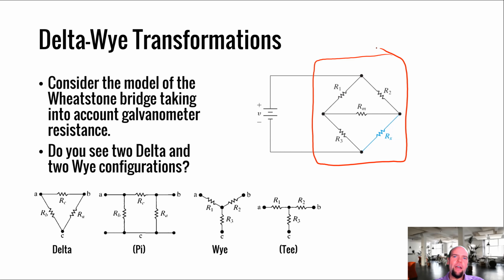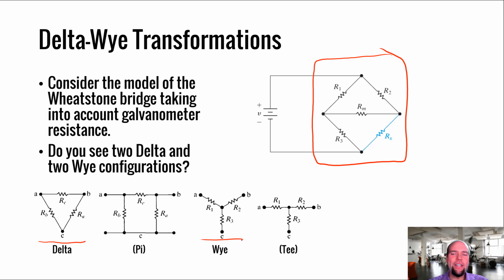Whenever we encounter collections of resistors where nothing's in series or in parallel, it always means that we have one of two triplet resistor configurations known as the delta and Y circuit configurations. The delta is shaped like a delta, which is a triangle, and the Y is shaped like a Y.